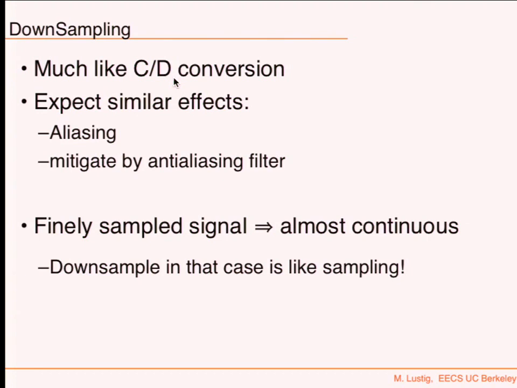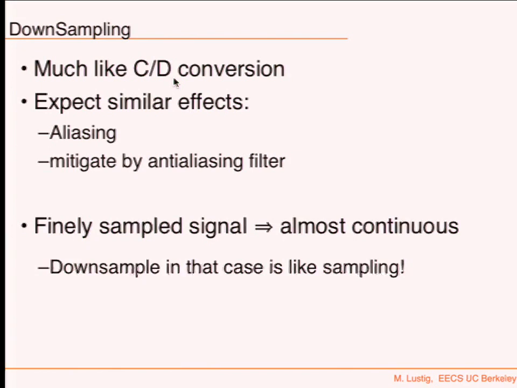And if you think about this conceptually as an engineer, what is a finely sampled signal? I mean, okay, sample here, here, here, here, here, here, and here. Is that continuous? No, right? But what about here, here, here, here, here, here? Is that continuous? What about this? Still samples.